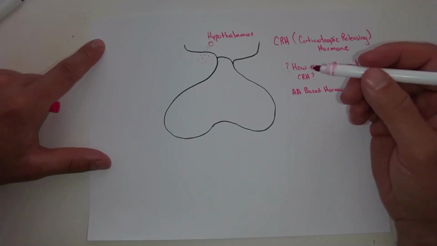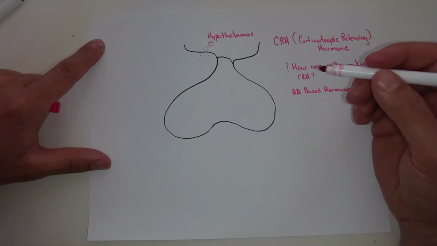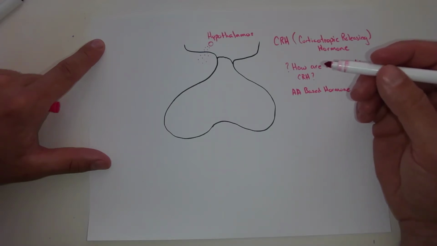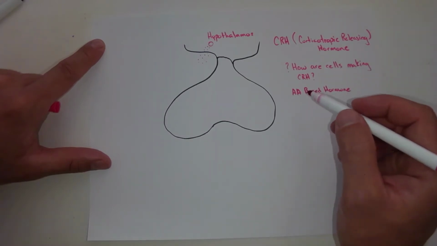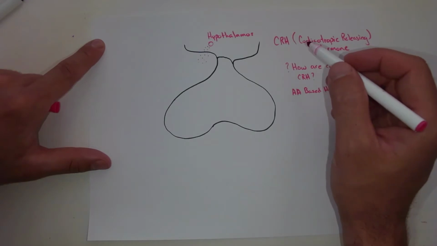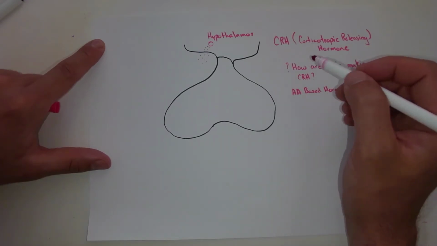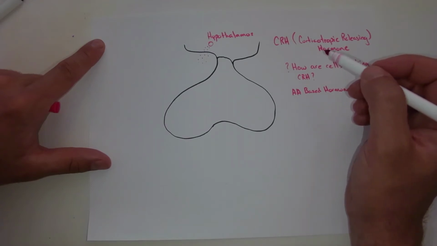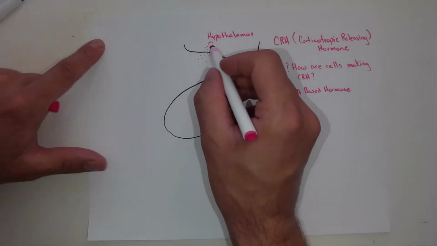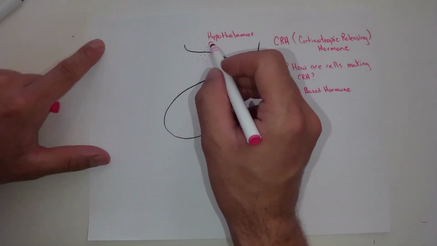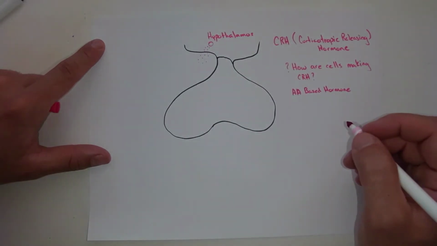And messenger RNA leaves the nucleus and is the directions for a ribosome to translate the protein into the pre or pro hormone for CRH. It undergoes a little bit of modification by the Golgi, and then it can be stored within these CRH producing cells of the hypothalamus until it's signaled to be released.